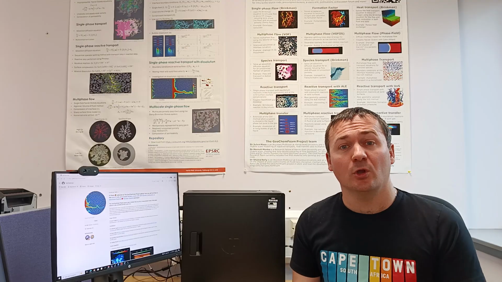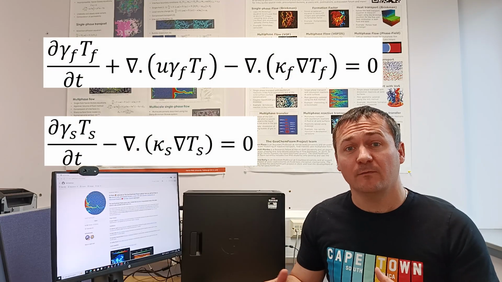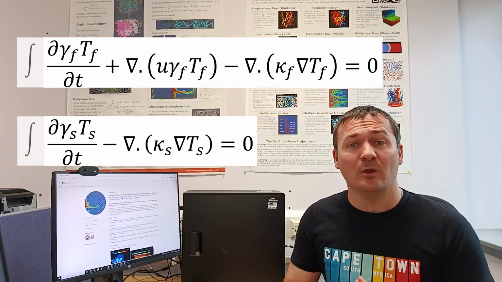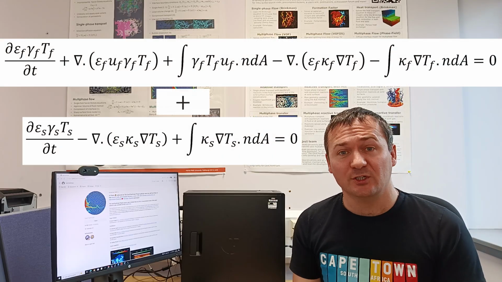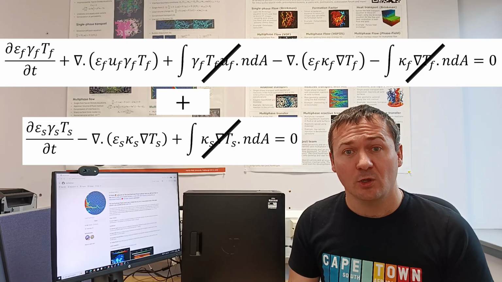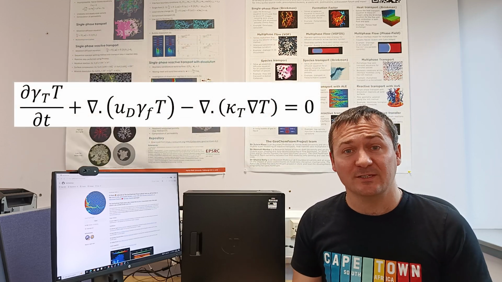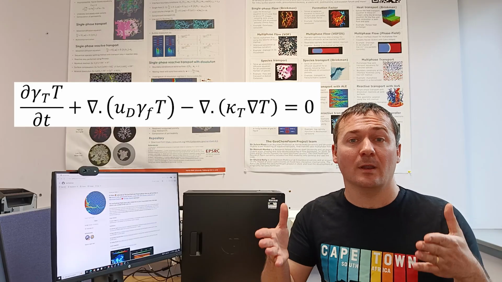Now, for temperature, we want to do something similar. One mesh, one equation, one field. And for this, we start from the fluid and solid heat equations, and we apply volume averaging. When we sum the two equations and we apply the immersed boundary condition, we get one single field equation that can be solved everywhere in both phases on one single mesh.